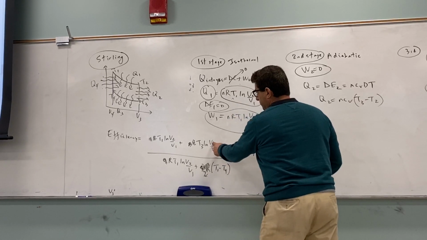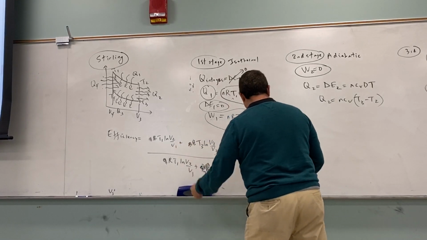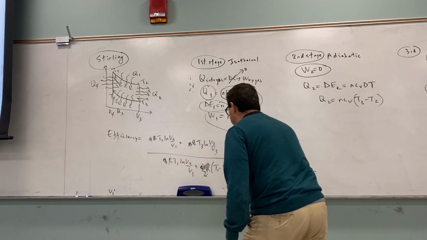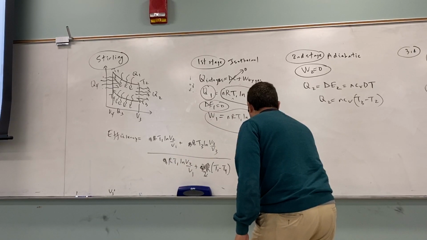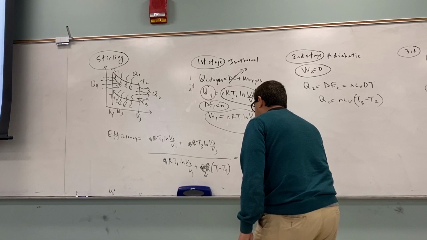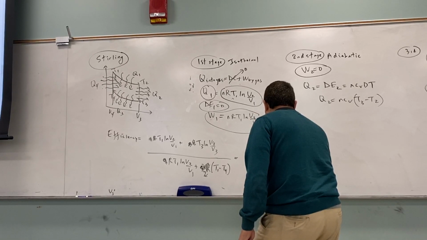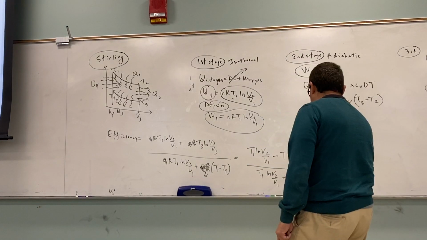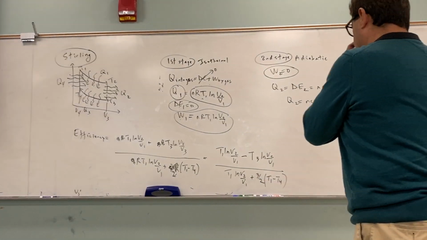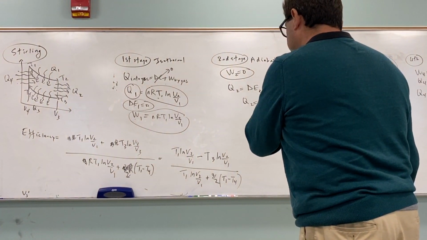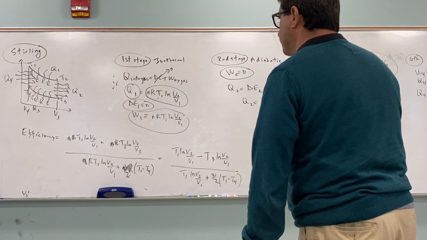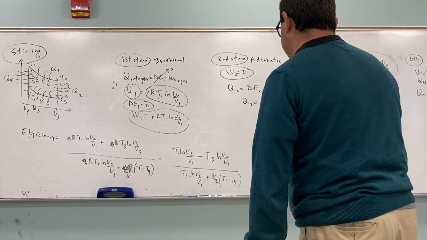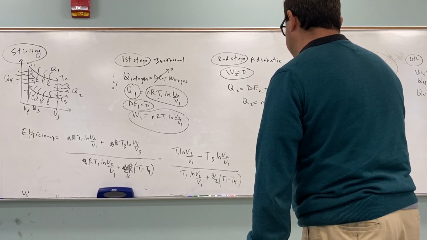I'm just going to replace this with V2 over V1, but change the sign, over, they'll cancel the R, T1 ln of V2 over V1 plus 3 halves (T1 minus T4). I don't think we can even simplify it. We can say same volume.